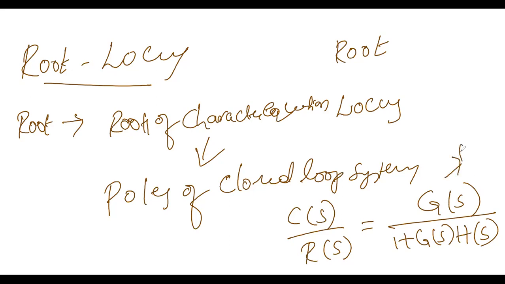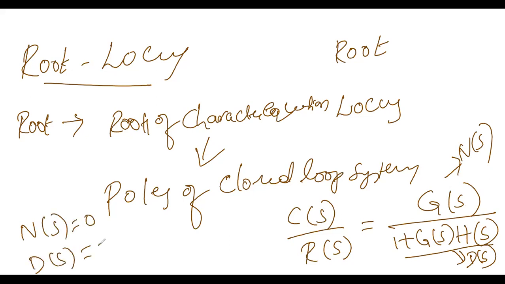Suppose the numerator polynomial is N(s), and the denominator polynomial is D(s). What does N(s) equal to 0 give? What does D(s) equal to 0 give? Anyone please tell me.